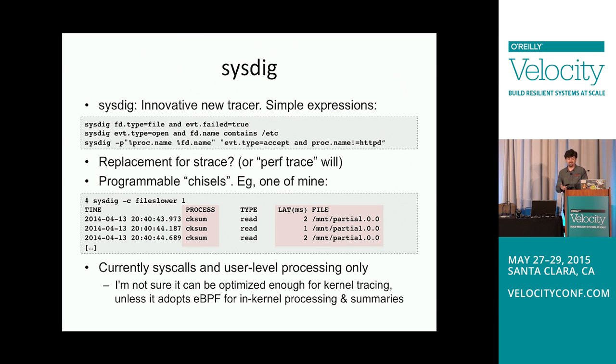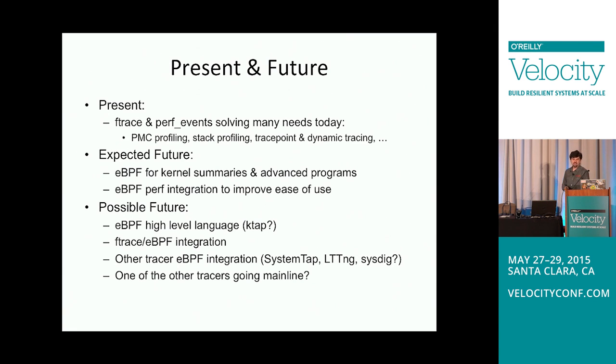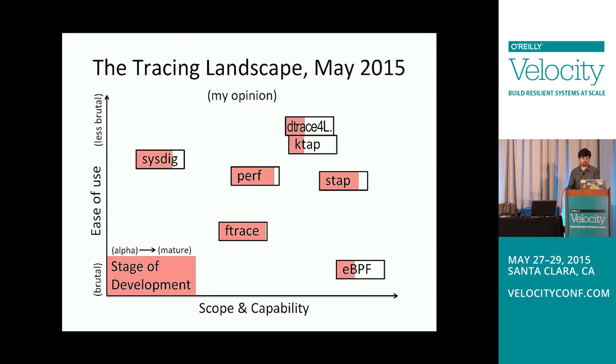It does it efficiently, but I'm worried about scalability. So in the future, eBPF is going to change a lot of things, with eBPF integration into these tracers. And I've summarized the tracing landscape like this in terms of ease of use versus scope and capability.